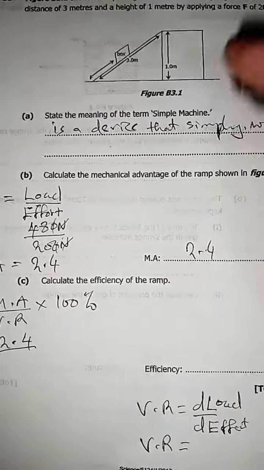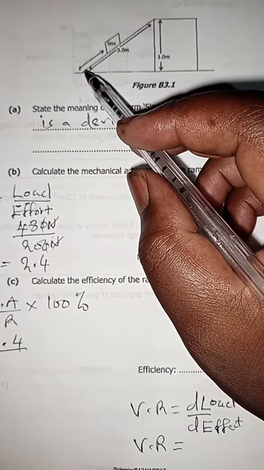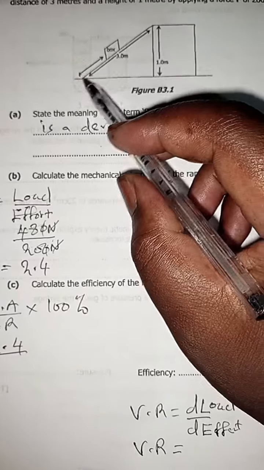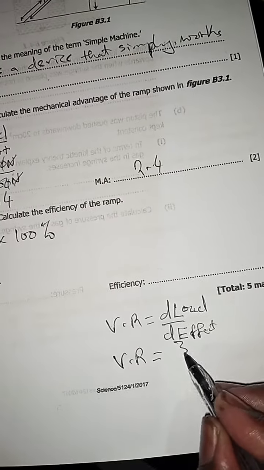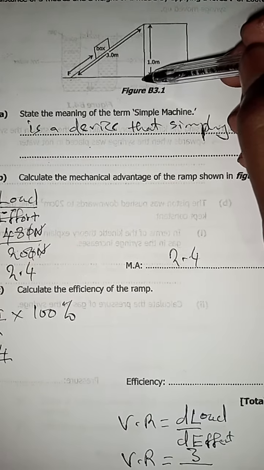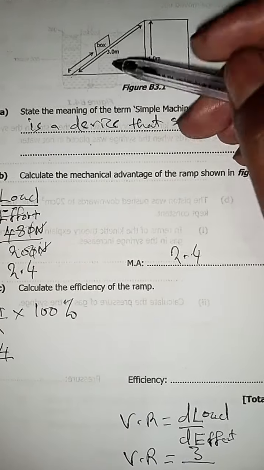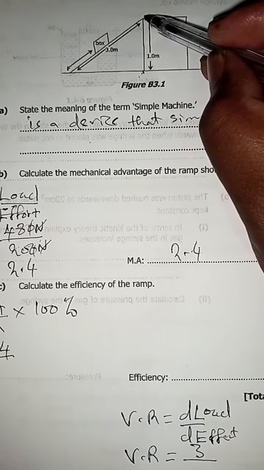So the distance moved by load is from this point to that point. That's 3. Then the distance moved by effort: your goal is to push this box, to lift the box from this point to that point.